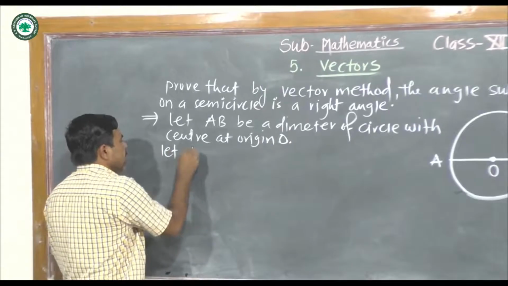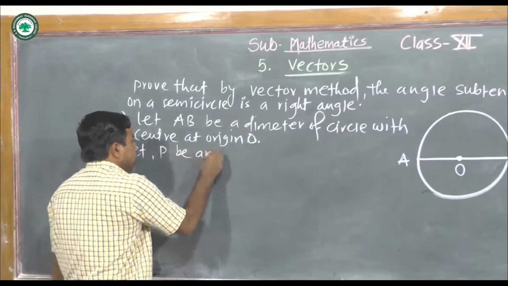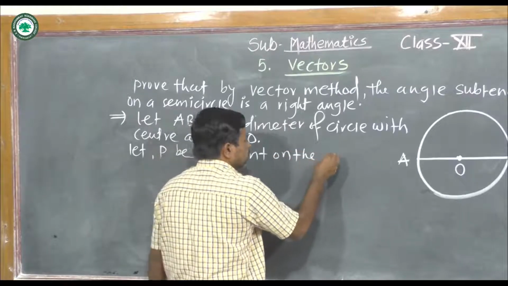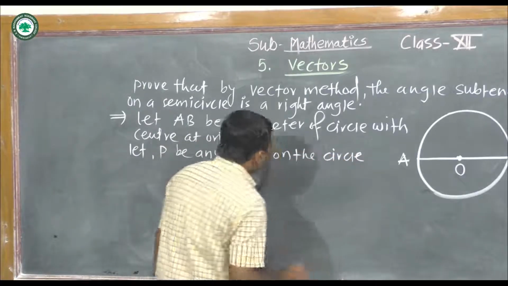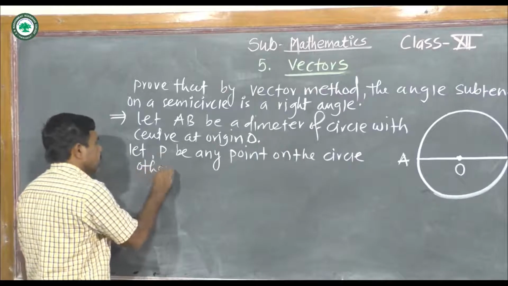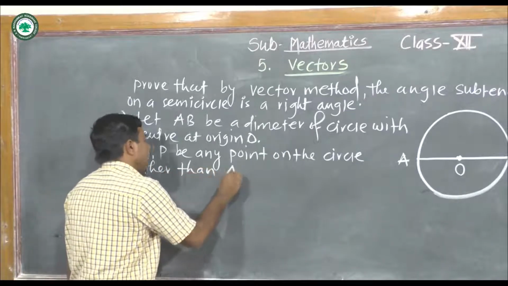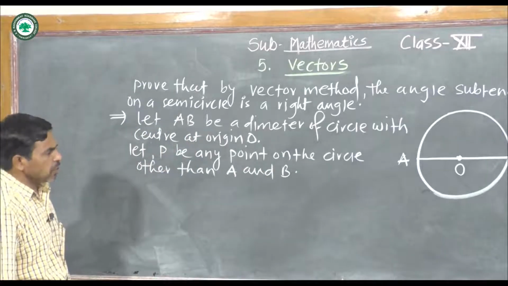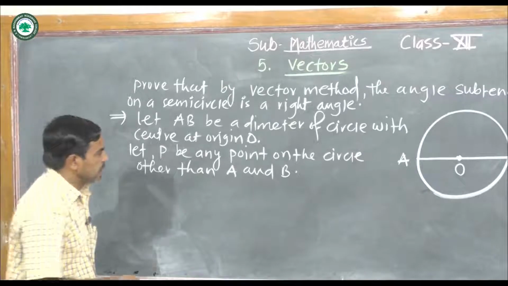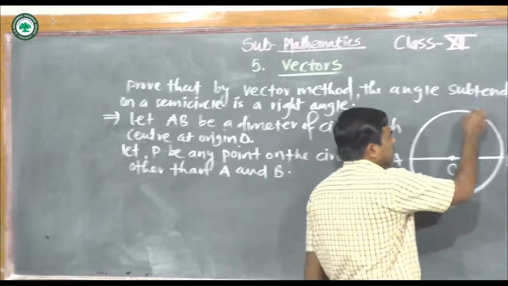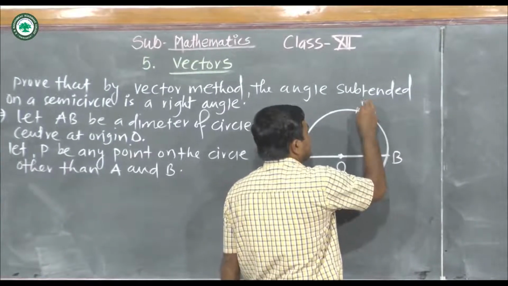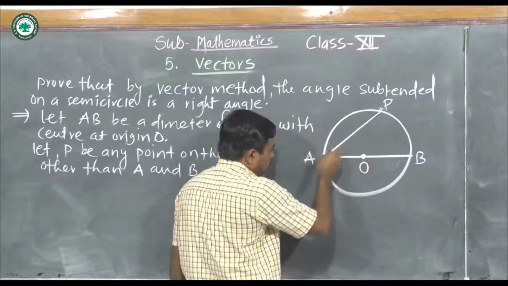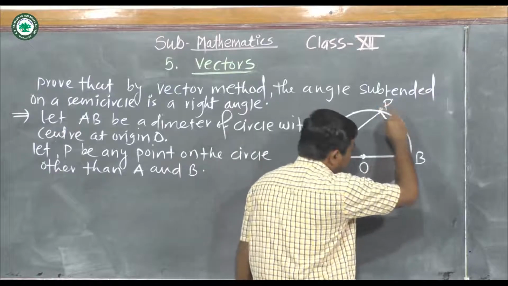Let P be any point on the circle other than A and B. Means here we have taken a point P on the circle other than A and B. So if we take the point here like this, suppose this point is P. Now join AP and BP.